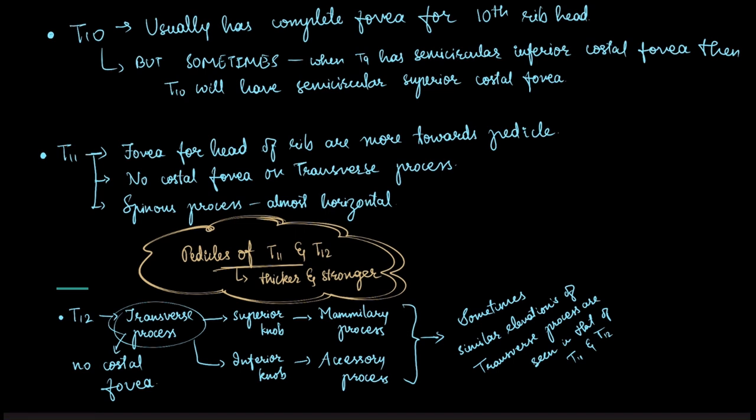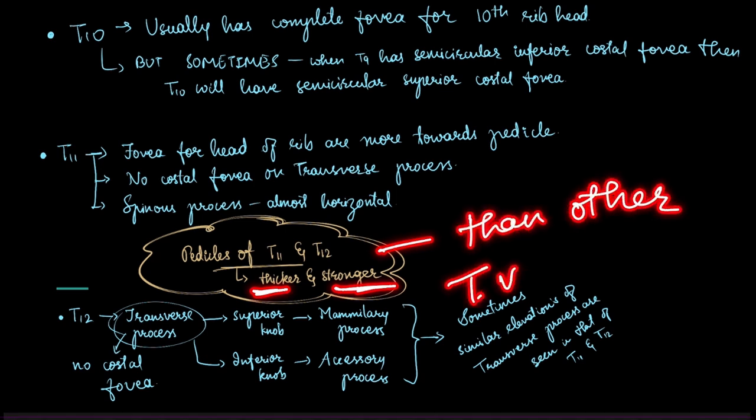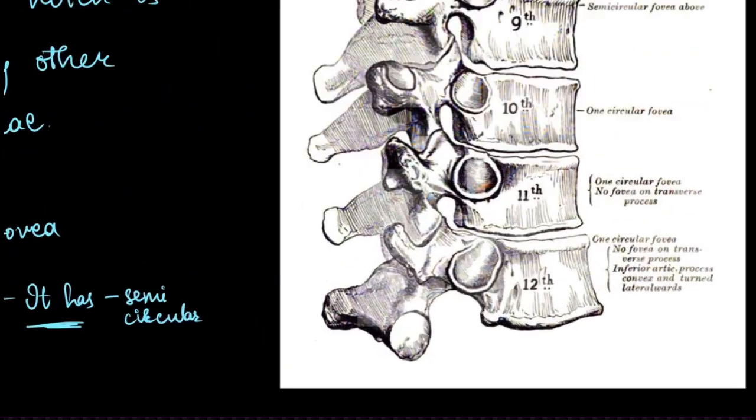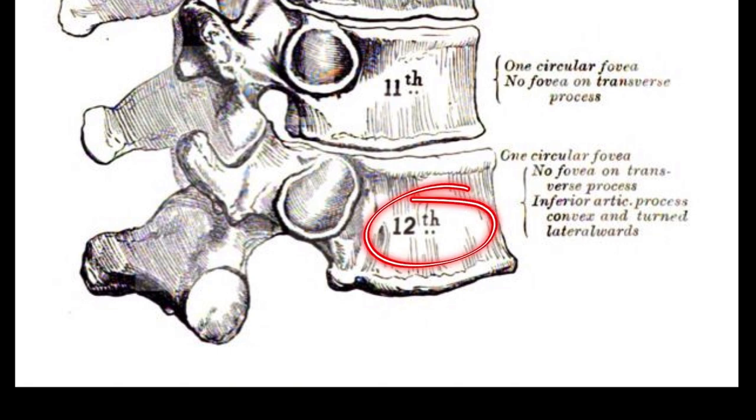Done? Okay. I've even written here in common that pedicles of 11th and 12th are thicker and stronger than other thoracic vertebrae. Okay. So last one, 12th thoracic vertebrae.